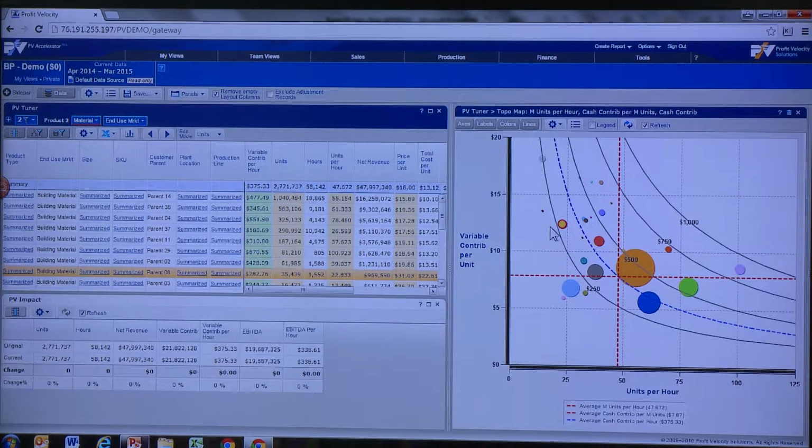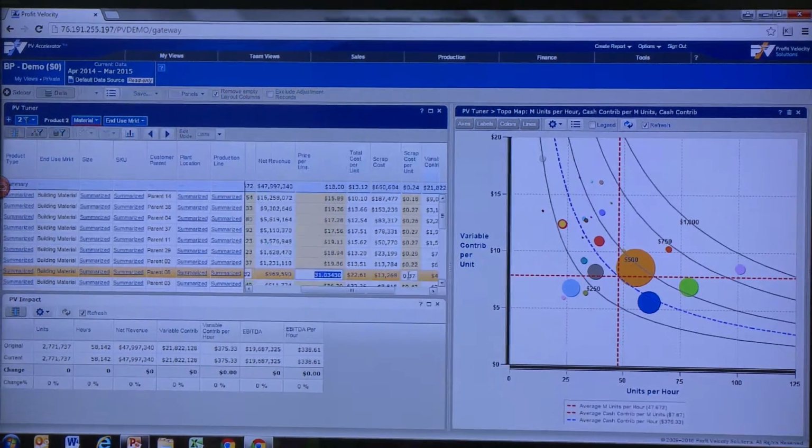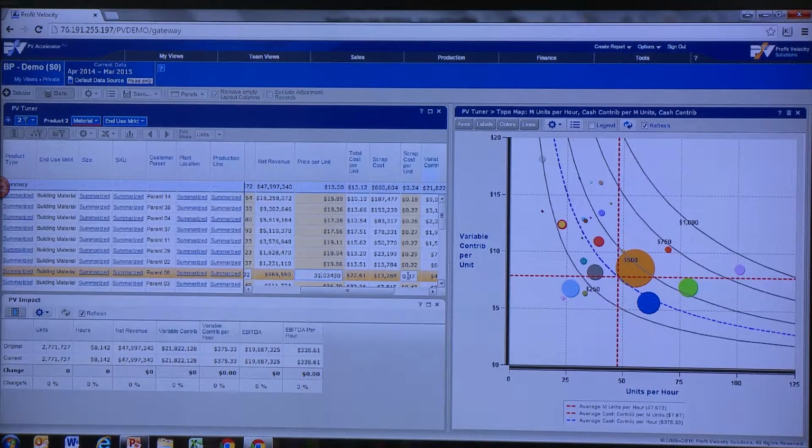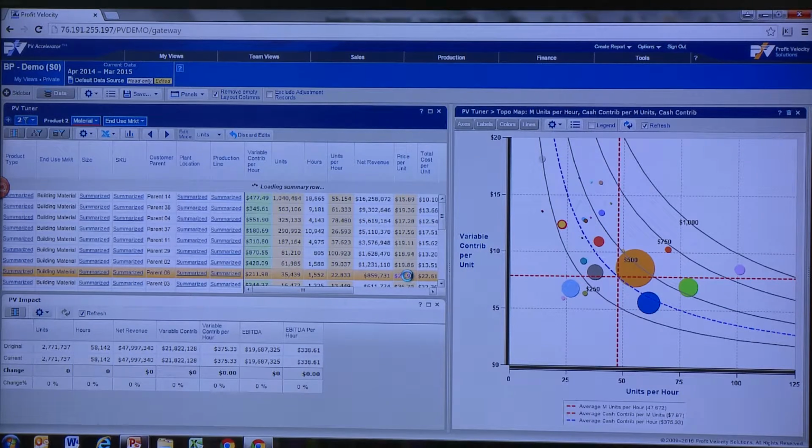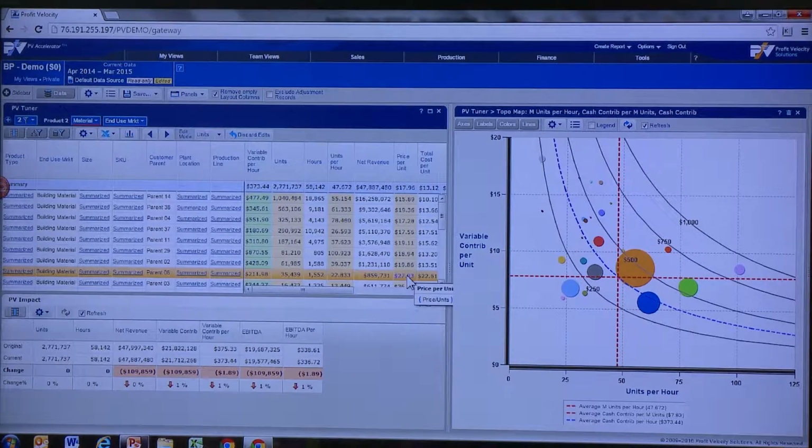So we're going to start with our high margin product, thinking, okay, that's what we want to sell more of. So I'm going to come in here and drop our price down from $31 down to $27.90. And as we make our updates, this is a good example of how, with a lot of these manufacturing companies, there's always the question of how much is that choice going to cost us, or how much is it going to make us?